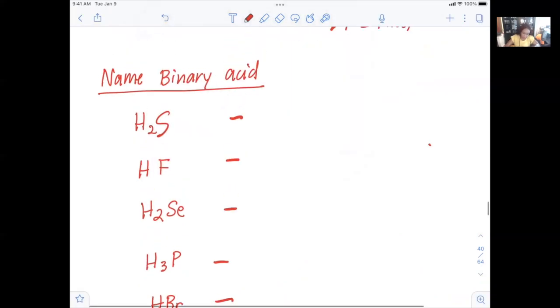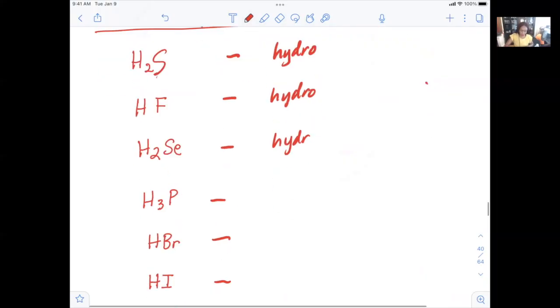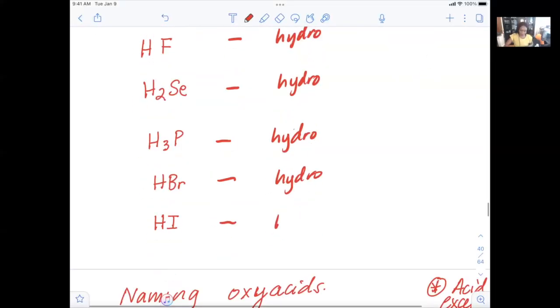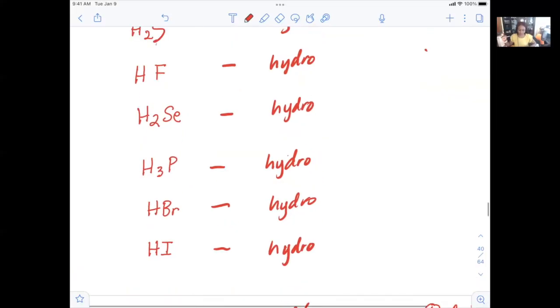I know the stem word for S is sulfur, right? Since it's a binary acid, I have to start with hydro. Since I know they all start with hydro, why not write hydro all over it? Because they're all going to start with hydro anyway, regardless of what the other element is. So a quarter of the name is done.